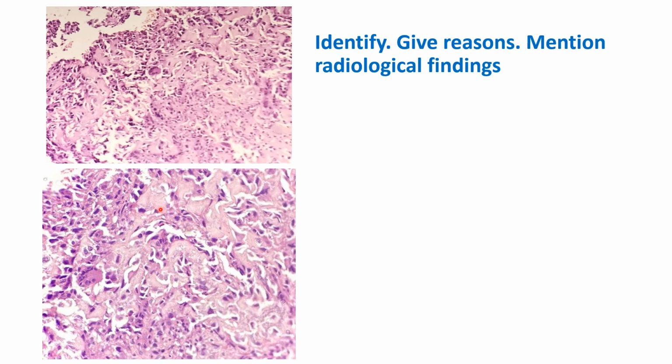Better appreciated here, these are spindle shaped tumor cells showing nuclear pleomorphism, some abnormal mitotic figures, and also osteoclast-like tumor giant cells.